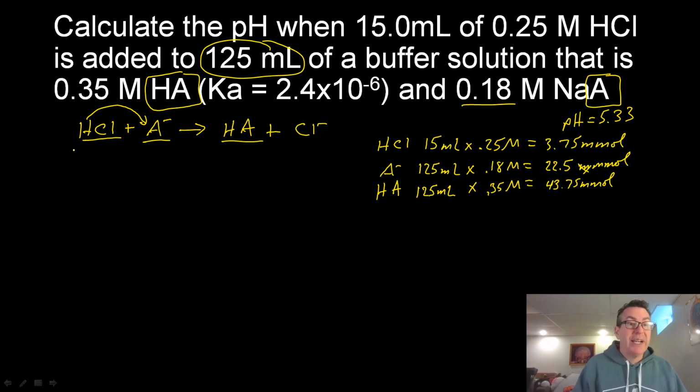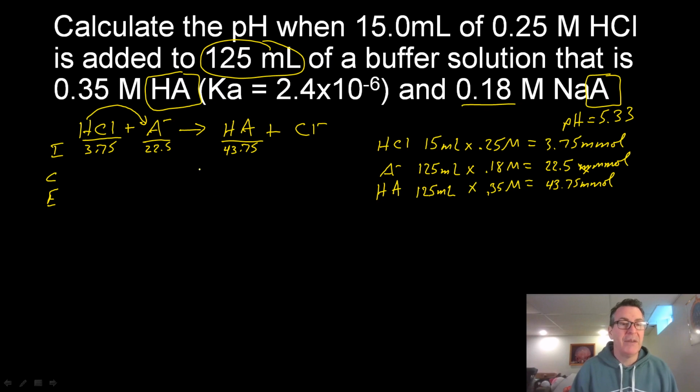All right, and so now we're ready to do the ICE calculation on this. Initial, change, and equilibrium. For the HCl, that's the 3.75. For the A-, 22.5. And then for the HA, 43.75. With a buffer system, you're going to have some amount of both the weak substance and its conjugate in there at the beginning of that reaction in the initial amounts.